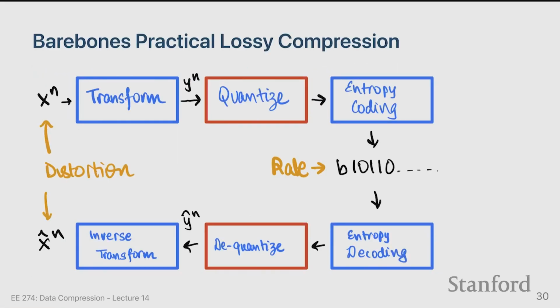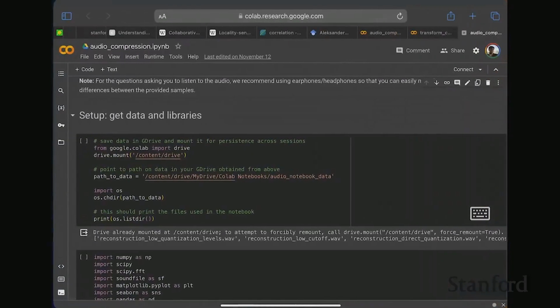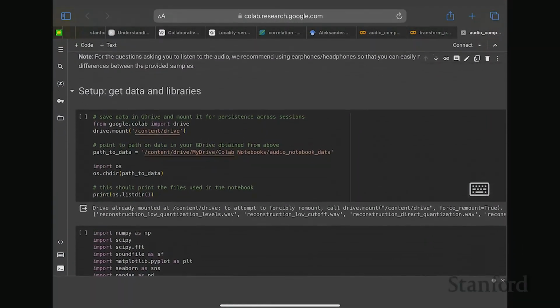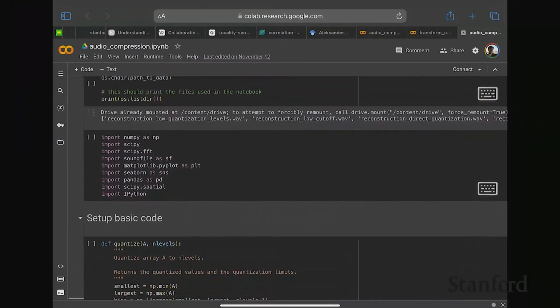So we are going to do a transform, in our case DCT. We are going to quantize using just a scalar quantizer. And then we are actually not going to do entropy coding, but we're going to look at it. Okay. So let's just look at this notebook.